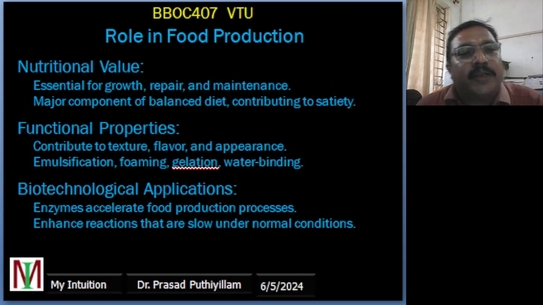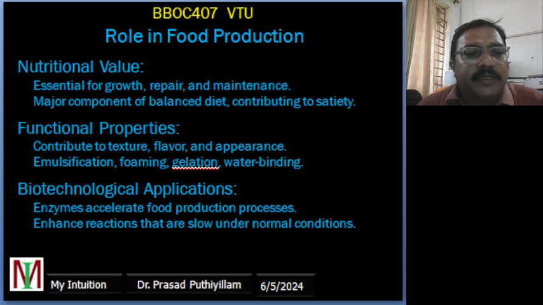Their functional properties include emulsification, foaming, gelation, and water binding capacity. For example, in bakery products, gluten proteins provide elasticity to the bread, helping it rise and swell. We call these gluten proteins.